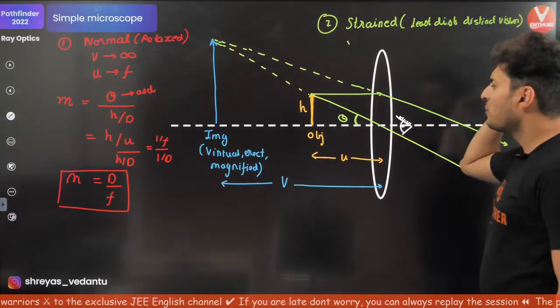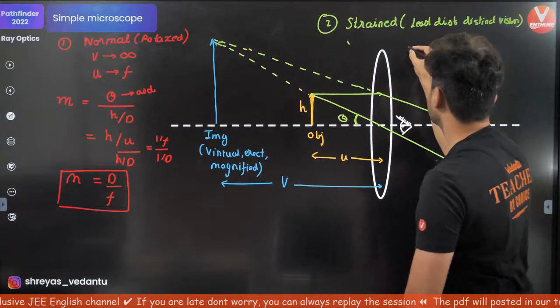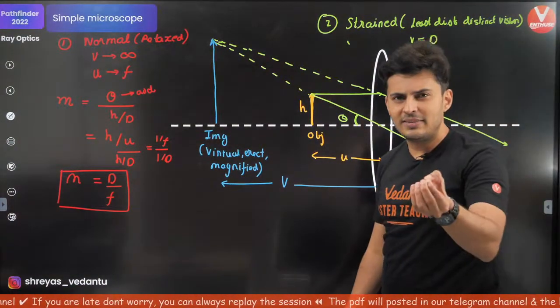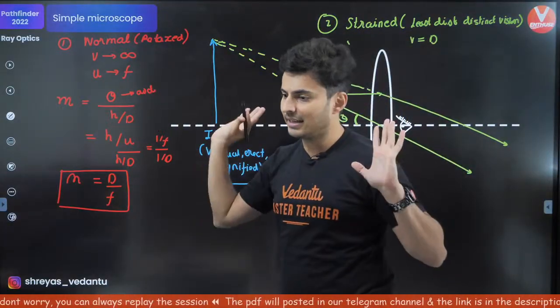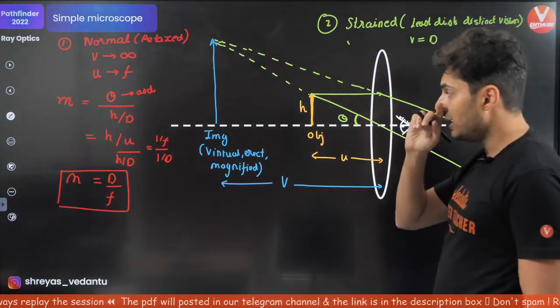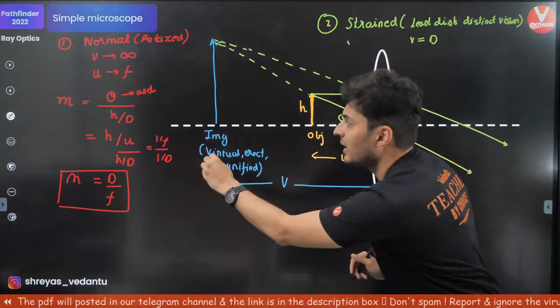So when my eyes are most strained, where should the image be formed? The image will be formed at D. D is 25 centimeters, but let's leave it as an unknown because from person to person it can vary. Fair enough. Now if V is equal to D, I want to find out what is the new magnifying power.